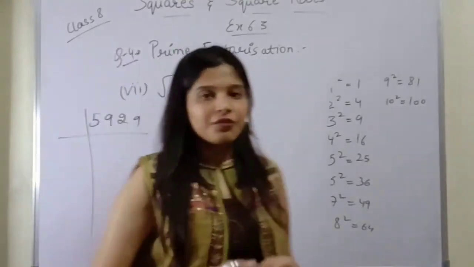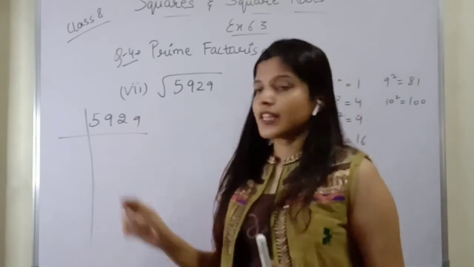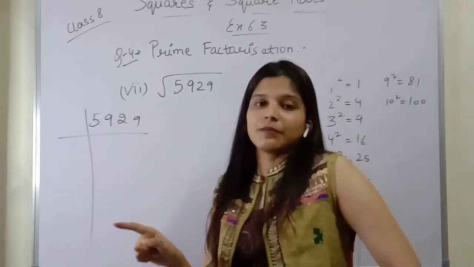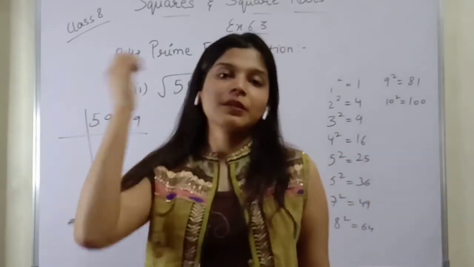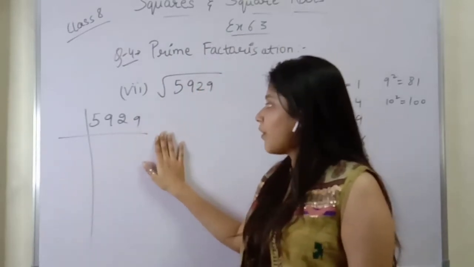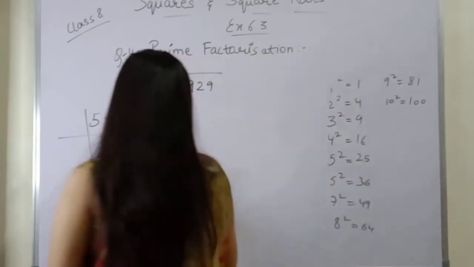Let's check this by 3. 9 plus 9 18. 18 plus 2 20. 20 plus 5 25. Okay, 25 is not a multiple of 3. It means that this number is also not a multiple of 3. Okay, 4 no, 5 no, 6 no.